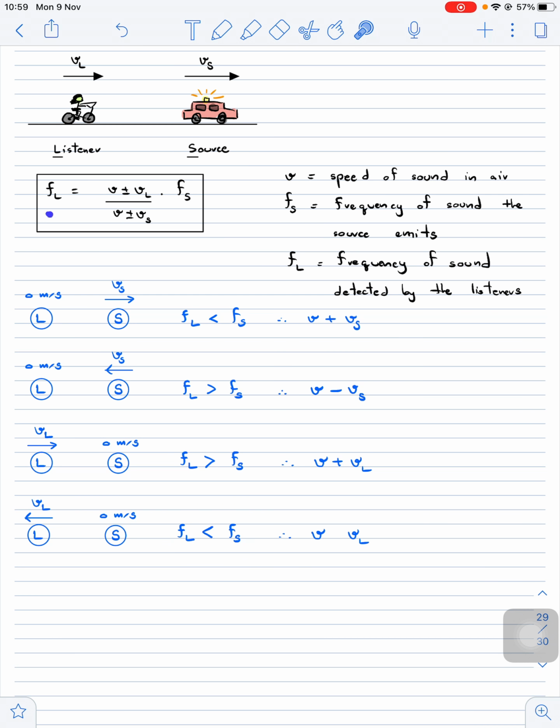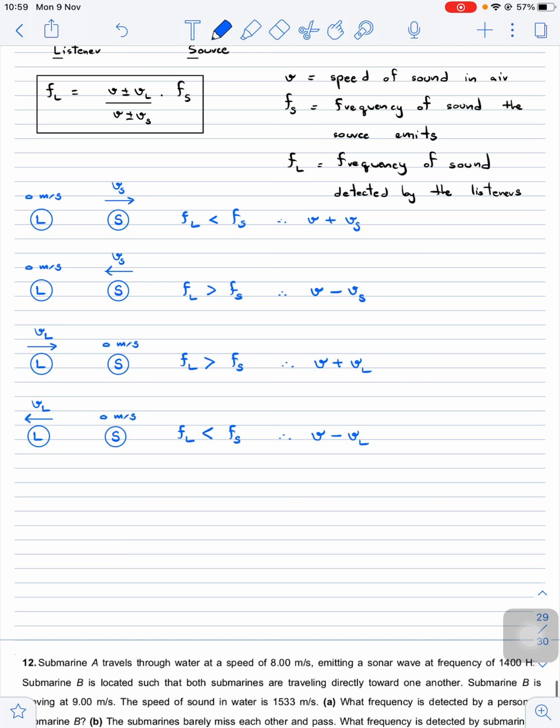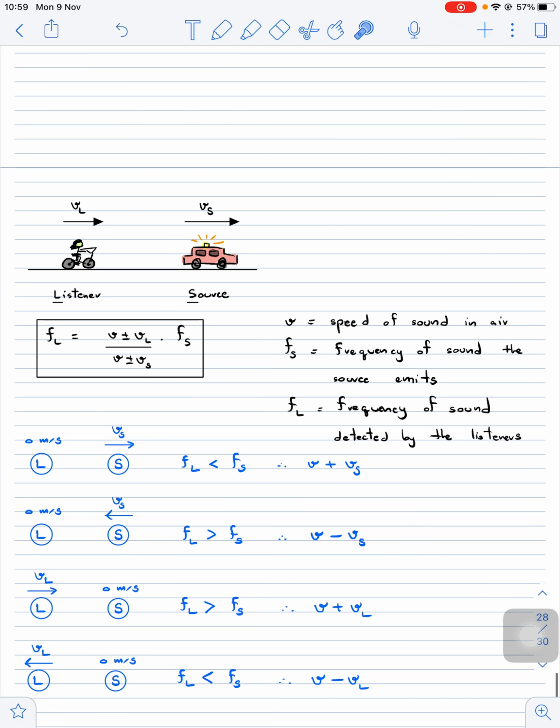So if we need the FL to be less than the Fs, it means that we need to pick the minus sign, because if we pick the minus sign here, this numerator should be smaller and we're going to have the FL less than the Fs. So we pick the minus sign here, and that's it. That's going to be the sign convention that we can use to solve for the frequency.